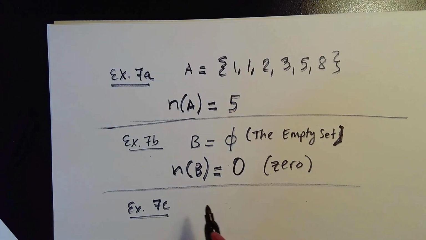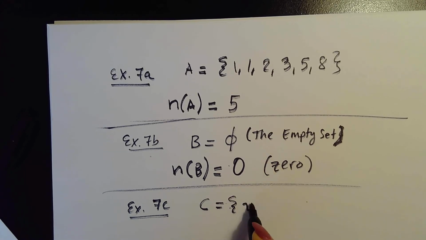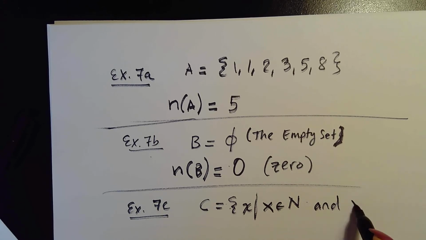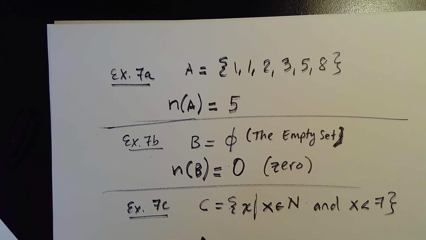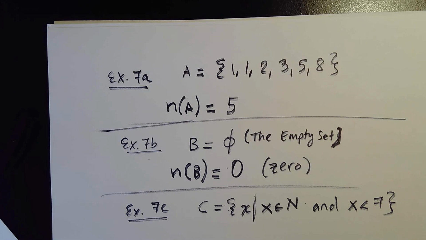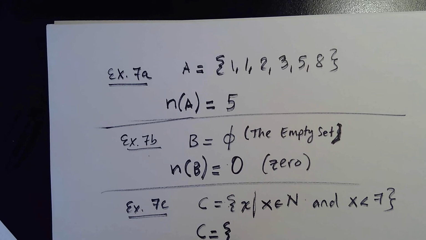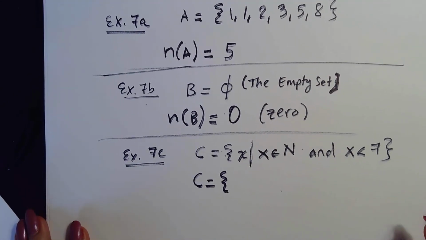7c, you have a set C equal to the set of all the x's such that x is a natural number and x is less than 7. Actually, this is going to be a finite set, right? So what is the set? Let's list the elements.